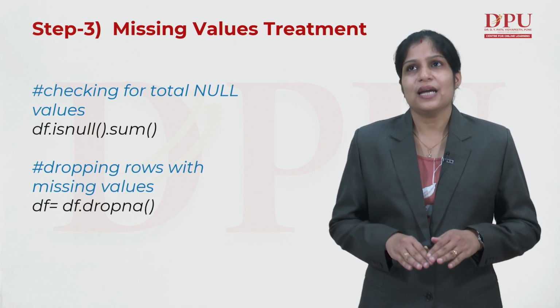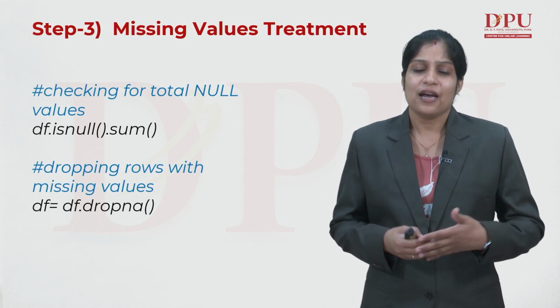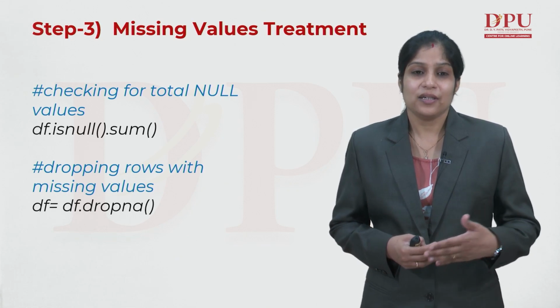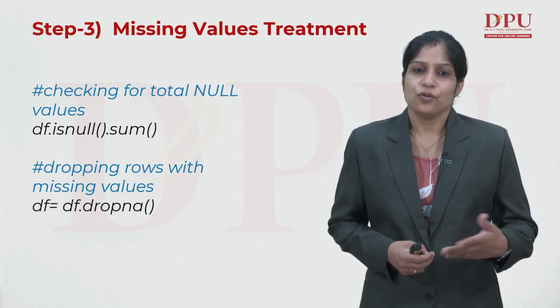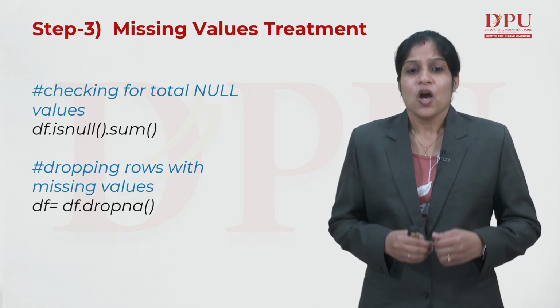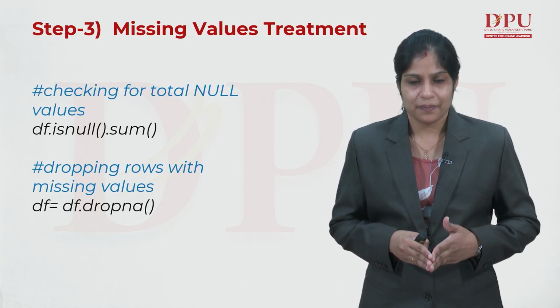And to calculate how many null values there are in our data set, we use the sum method after isnull. So df.isnull().sum() will give me the sum of all the null values available in my data set.